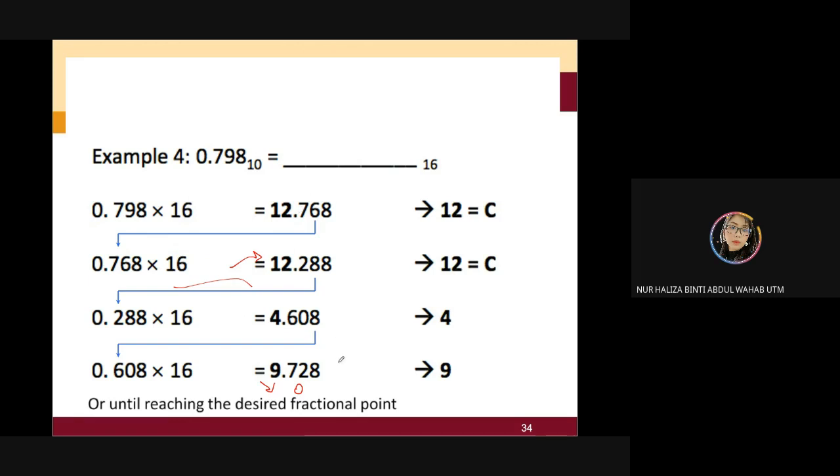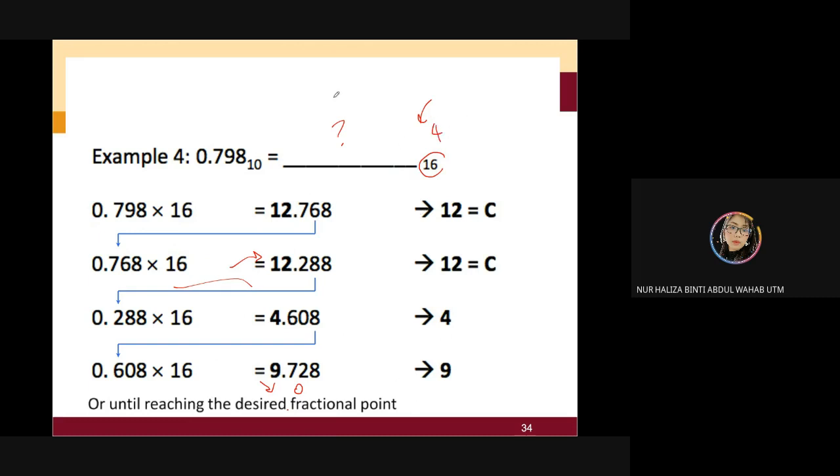So in this case, normally in our test, in our final exam, we will put a stop for you, which is we will inform you: please find the value of this for base 16 with 4 fraction points, let's say.